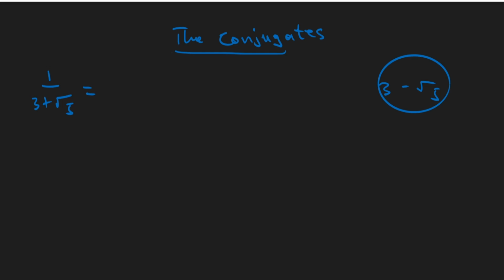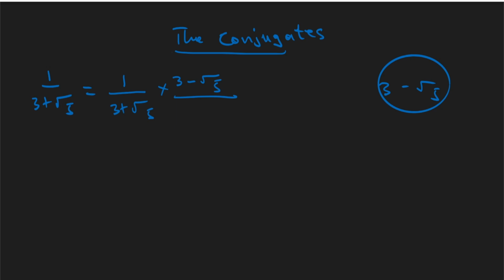So this can be written as 1 over 3 plus root 5 times, we multiply the top by its conjugate, the conjugate of this, which is 3 minus root 5.